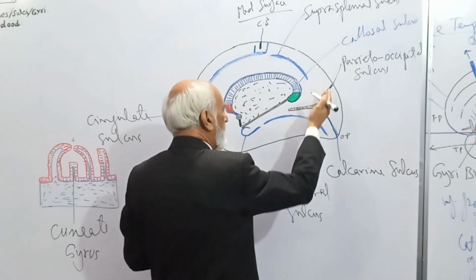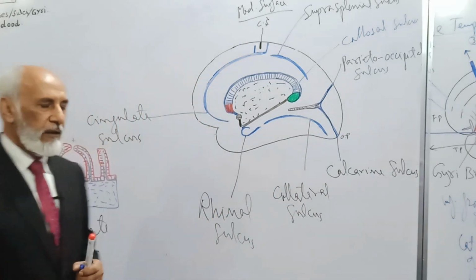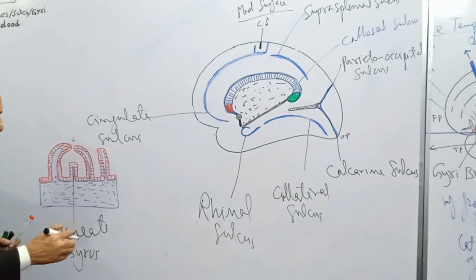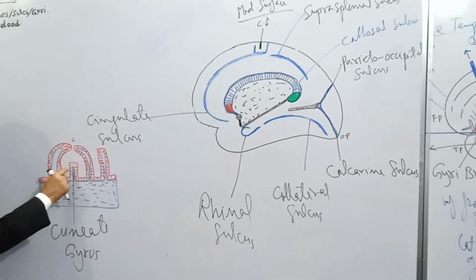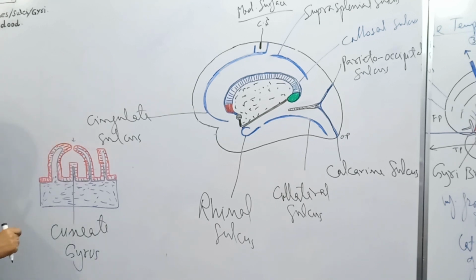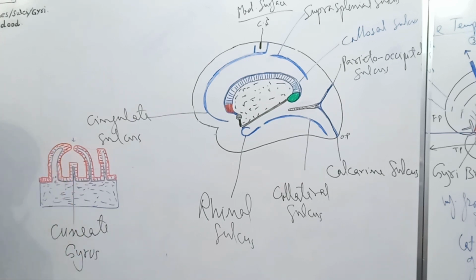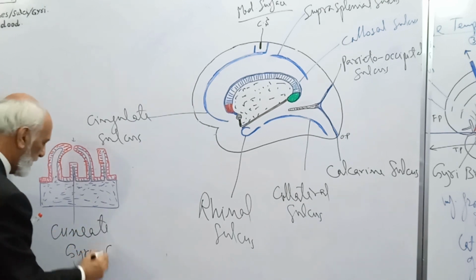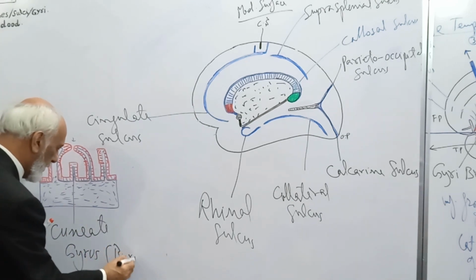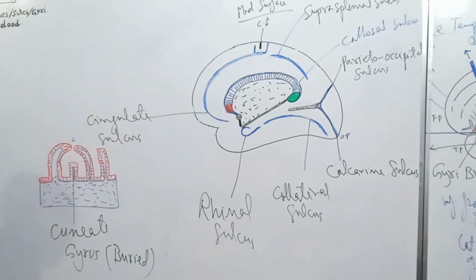No, both parieto-occipital and calcarine sulci are totally separated from each other by a gyrus which is buried inside, and the surrounding cerebral cortex covers it, so it is not visible. But if you move these gyri from each other, in the floor you will see a gyrus which is buried, known as the cuneate gyrus. It is buried, just like the insula, I told you, buried gyri.